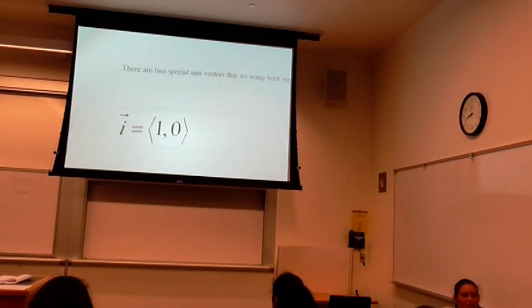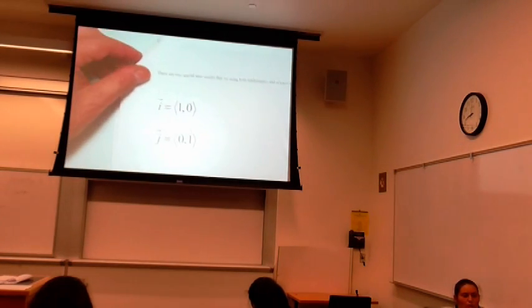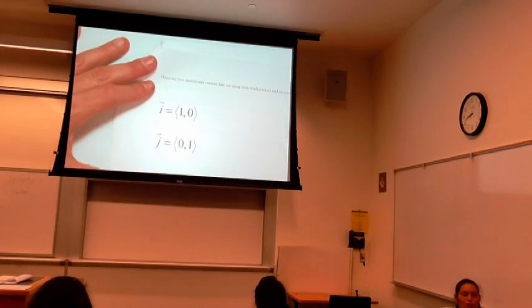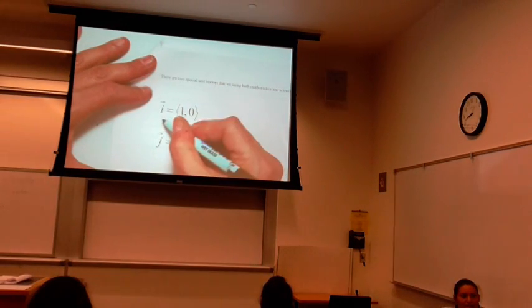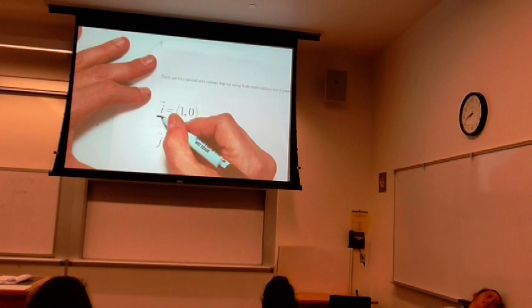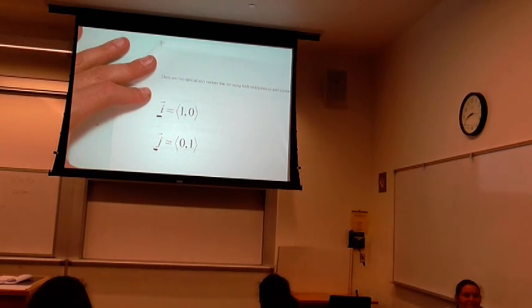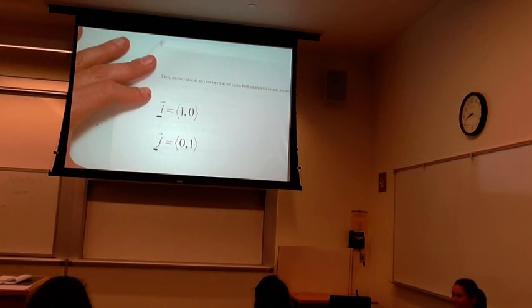Okay, there are two special unit vectors. These come up a lot in engineering. We give them special names. There's the unit vector i and the unit vector j. And when we get into 3 dimensions, we're going to have the unit vector k.